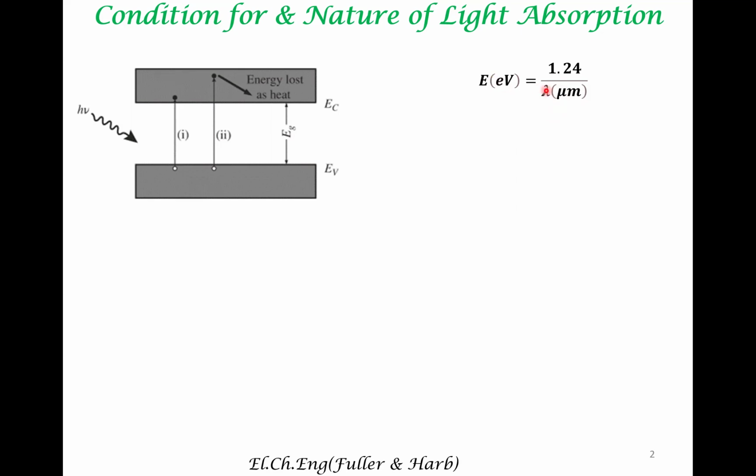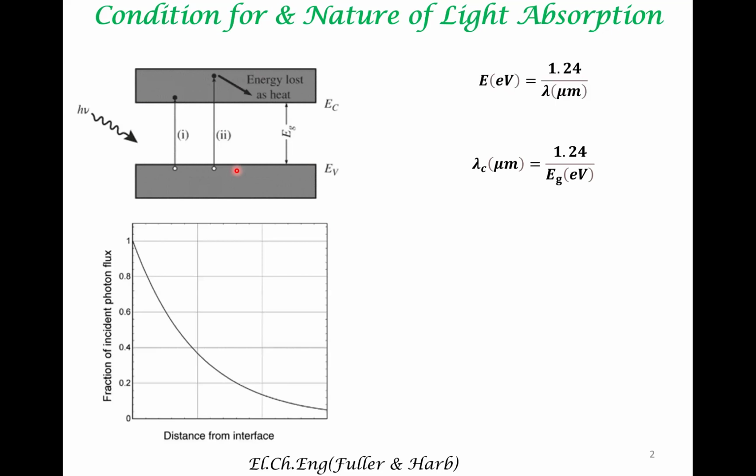The energy of the photon decreases with increase in wavelength, or it increases with decrease in wavelength. So there is a critical wavelength of photon which is equal to the band gap. That can be obtained here. If the photon wavelength is longer than this, it will not give rise to an electron-hole excitation.